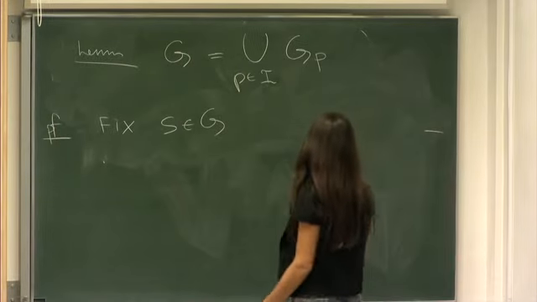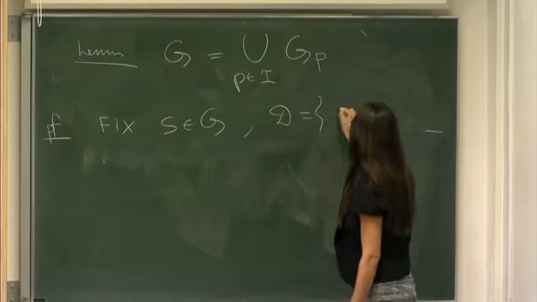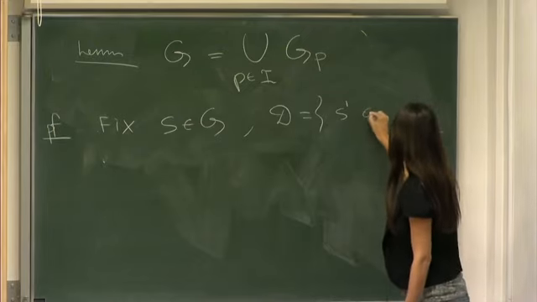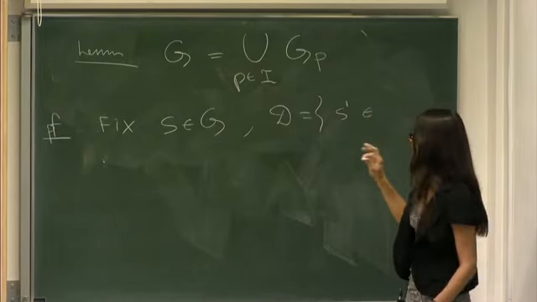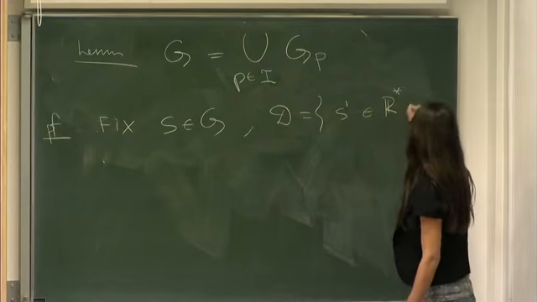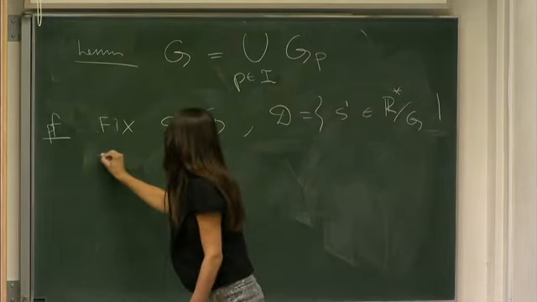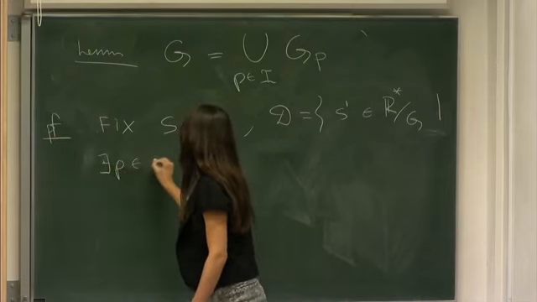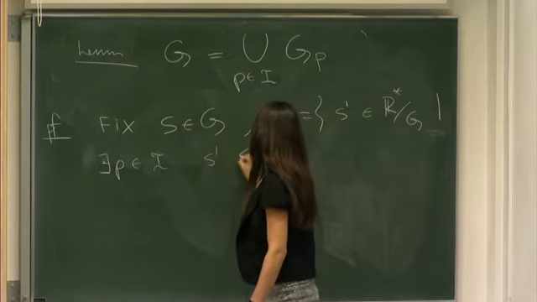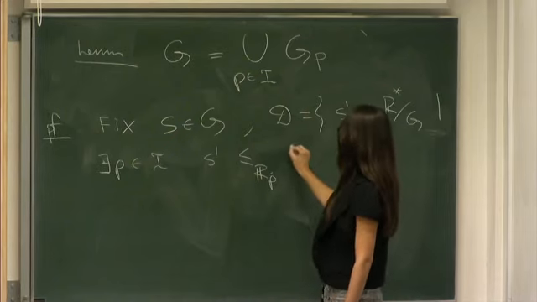Well, let's take the set D to be the set of all S prime, and here it's the same underlying set, but I want to specify R star mod G, such that there exists P in I such that S prime is less than or equal with respect to R sub P of S.